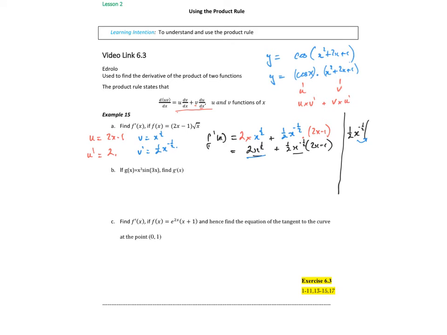A half times 4 would give me 2, so I end up with a 4. And x to the minus a half times x to the 1 will give me x to the half. Don't forget we add our powers. That's the reason why we take that lowest fractional power out, because now I've got 4x, and my second term, well, I've taken a half x to the minus a half out, and that leaves me with 2x minus 1.